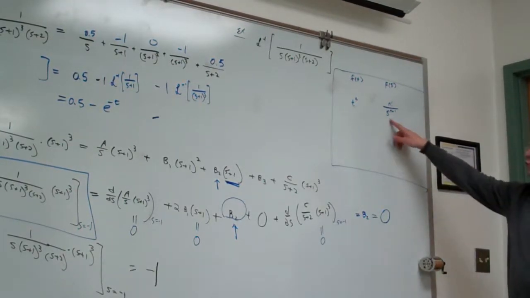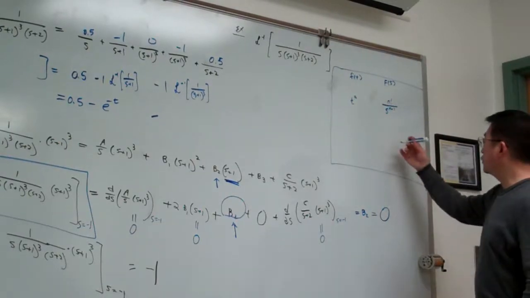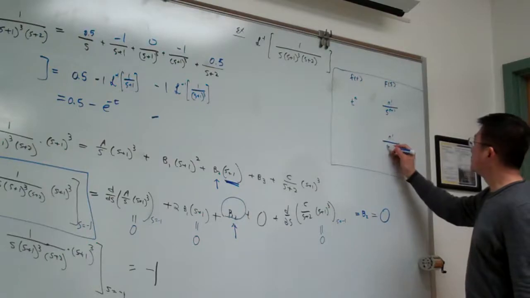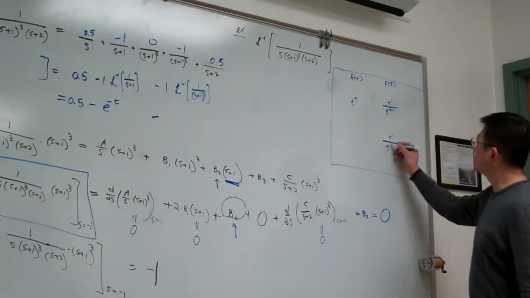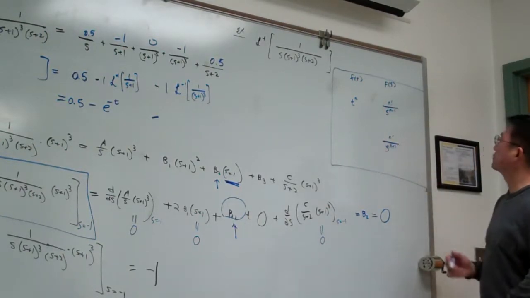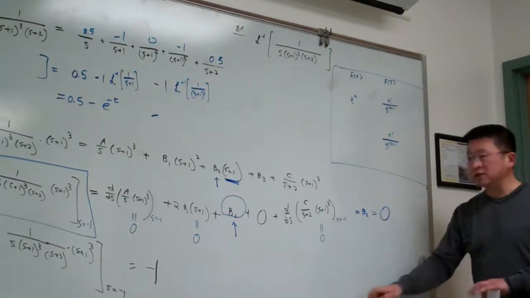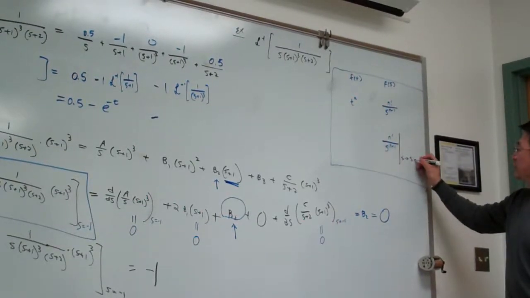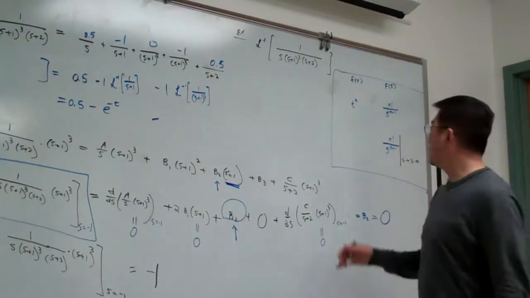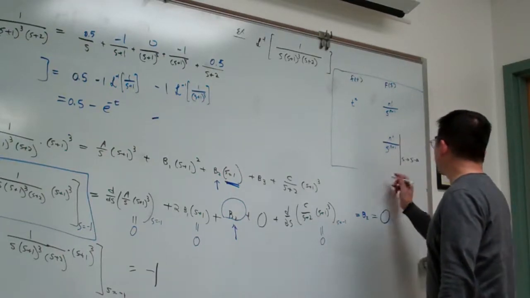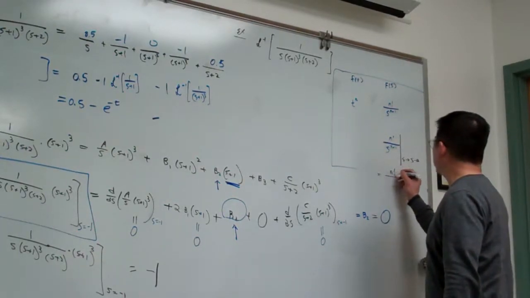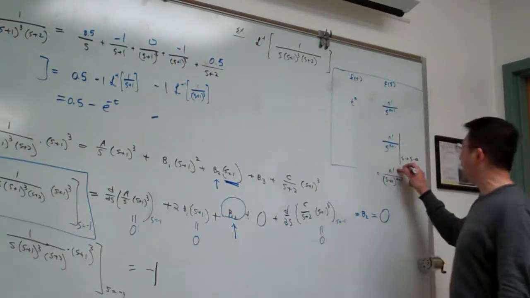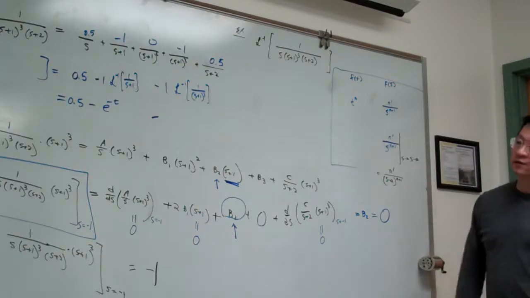When we have a replacement in s, which means if we have the same pattern, and right now in this pattern we have a replacement in s, for example s replaced by s minus a, once we have the replacement, basically this term simply is equal to n factorial over (s minus a) to the n plus 1. Okay, so that is an equivalent description.